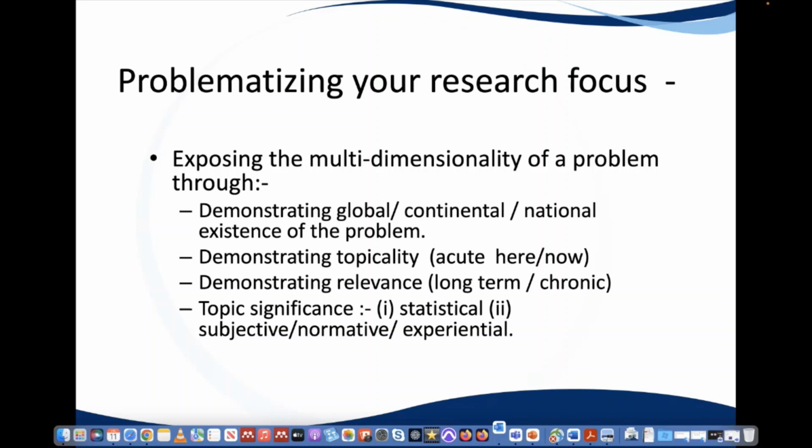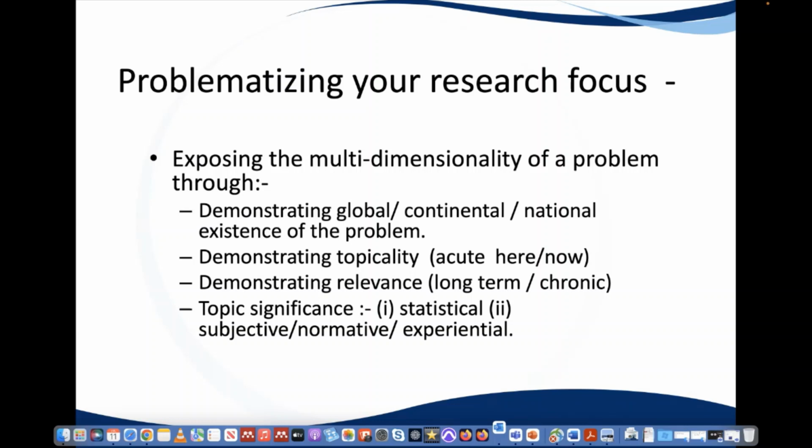Then, of course, there's something that people talk about as topic significance, or sometimes they talk about it as the nature of a topic. There are some topics that don't affect the entire world, so they don't tick yes on the global, continental, and national marker.